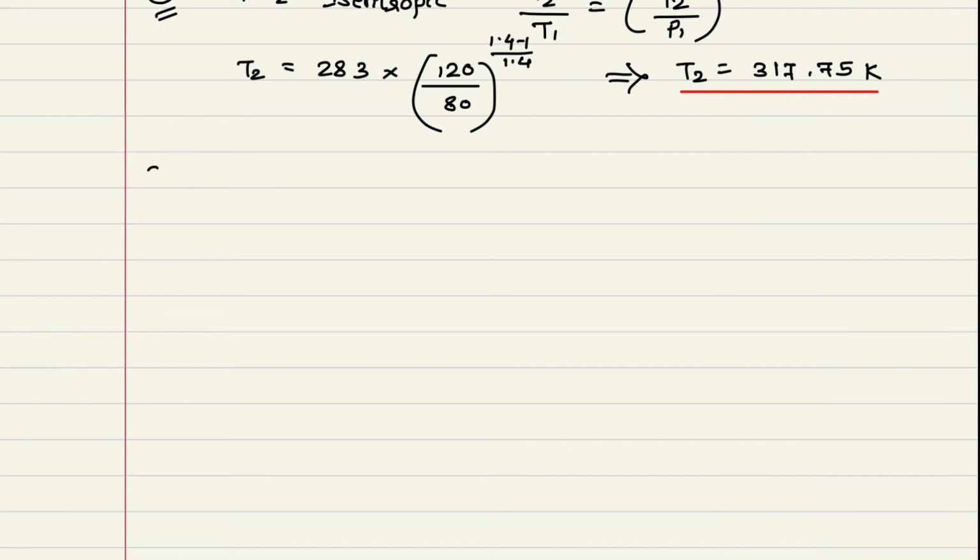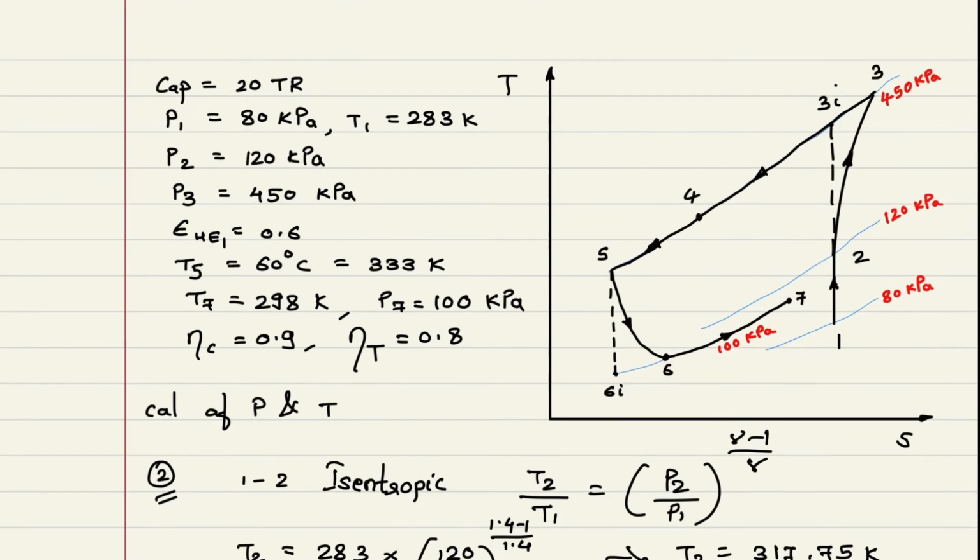So for point 3, what is this process? 2 to 3, it is compression. First we will use isentropic process 2 to 3i to calculate 3i temperature, then use efficiency of compressor, which is given over here, to calculate actual temperature T3.